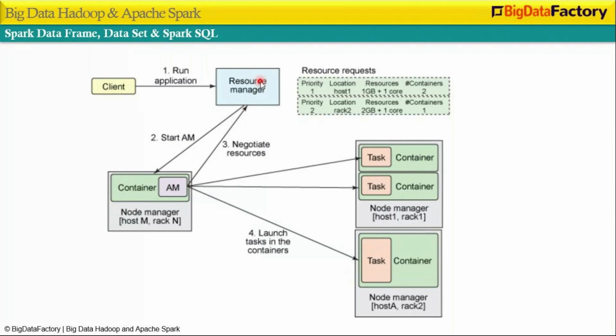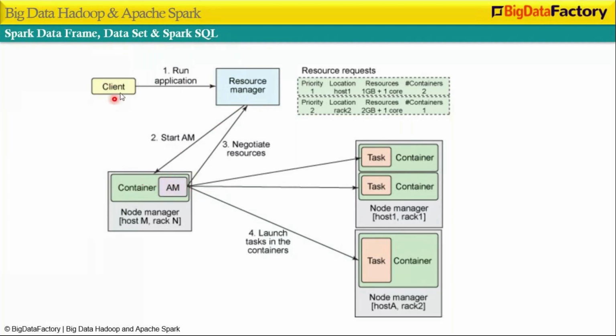Now the load of the name node, or you can say the master machine, has been reduced. The main task that this resource manager is going to perform is scheduling of the resources only. Monitoring is done by the application master only.